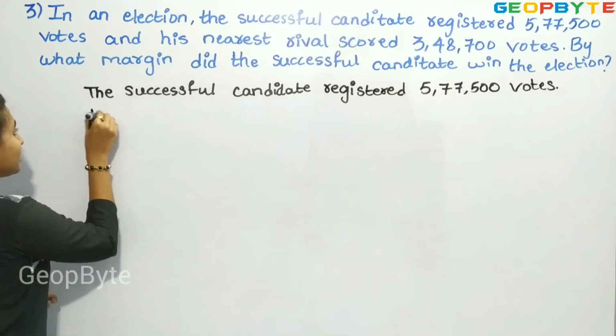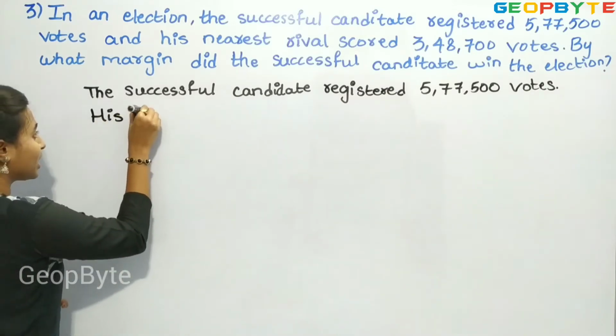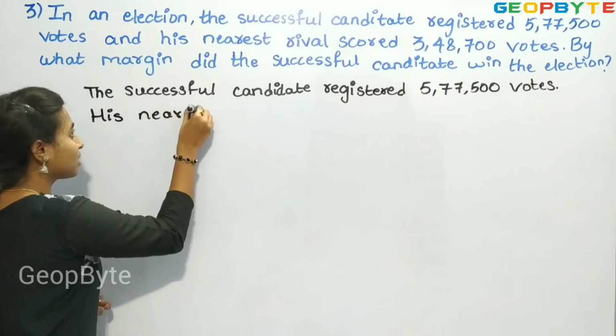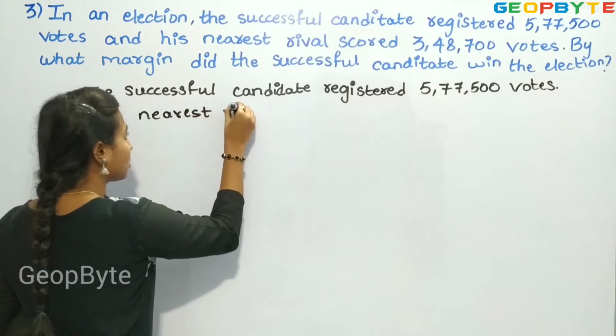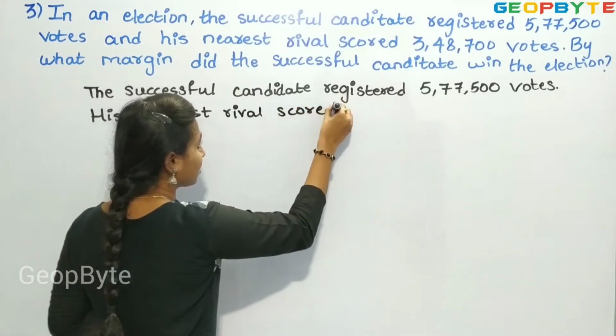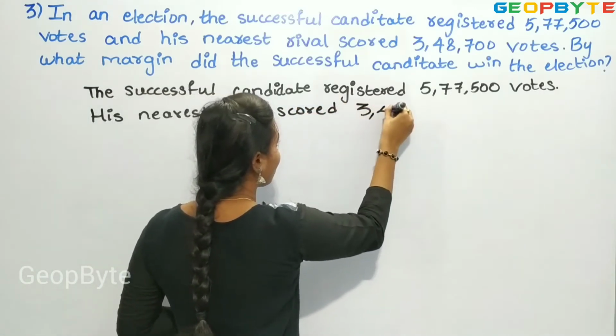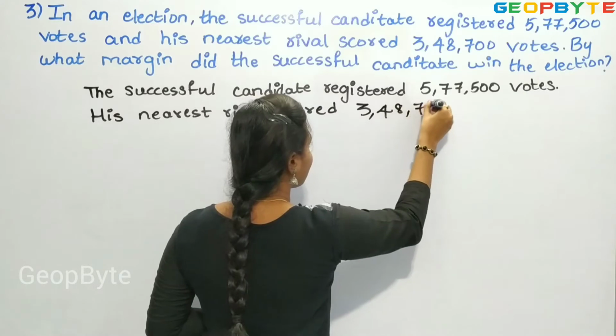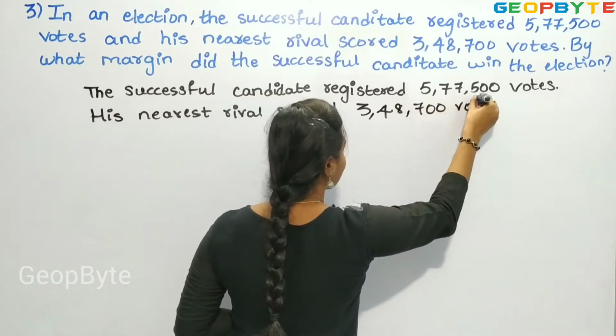And his rival or nearest rival scored 3,48,700 votes.